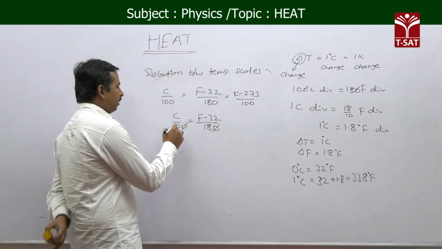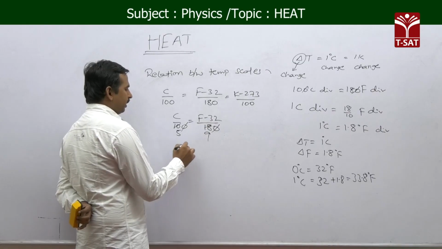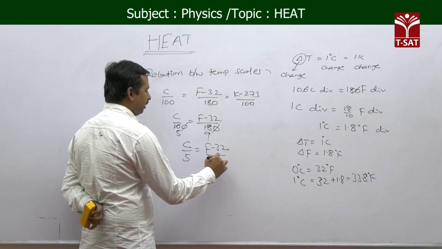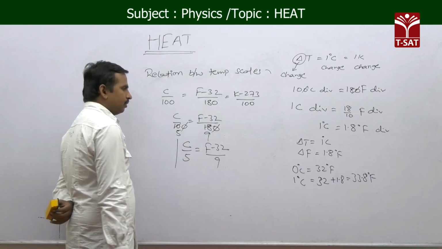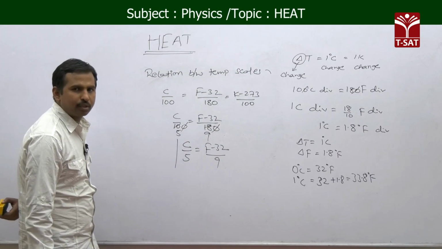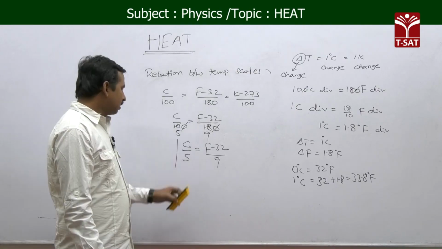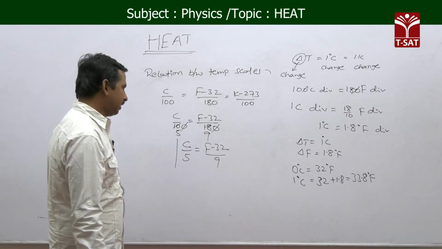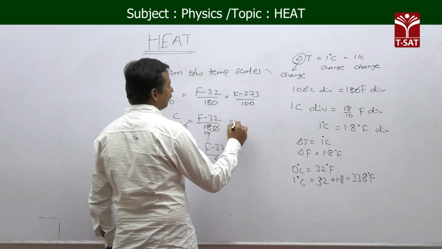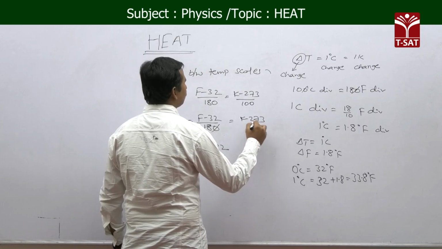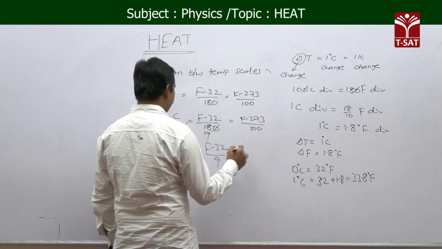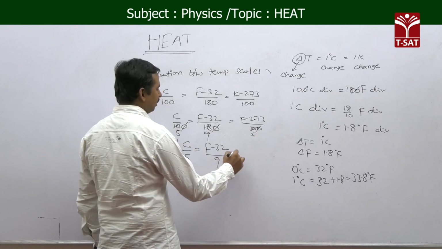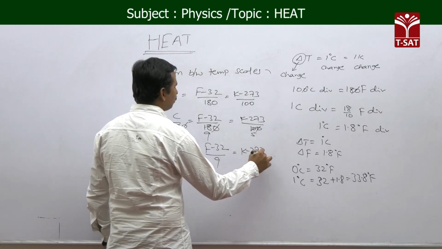Then finally, cancelling the 20s, we get C by 5 is equal to F minus 32 by 9. This is the relation for Celsius and Fahrenheit. In the case of Kelvin, K minus 273 by 100, here also the 0 gets cancelled and we have 5, so it becomes K minus 273 by 5.